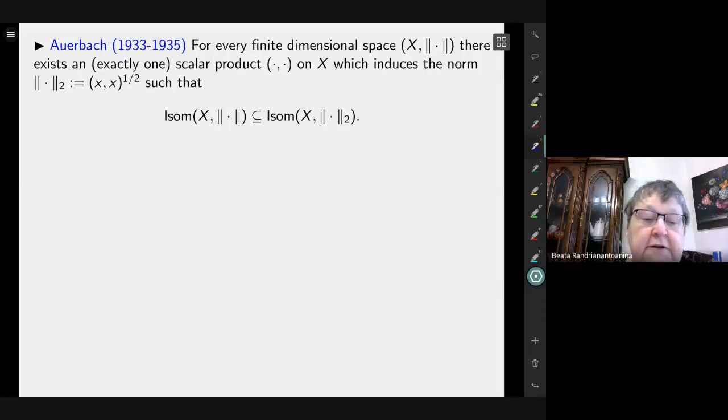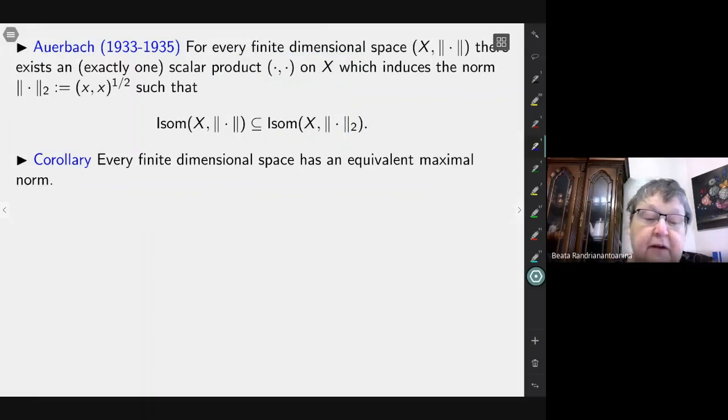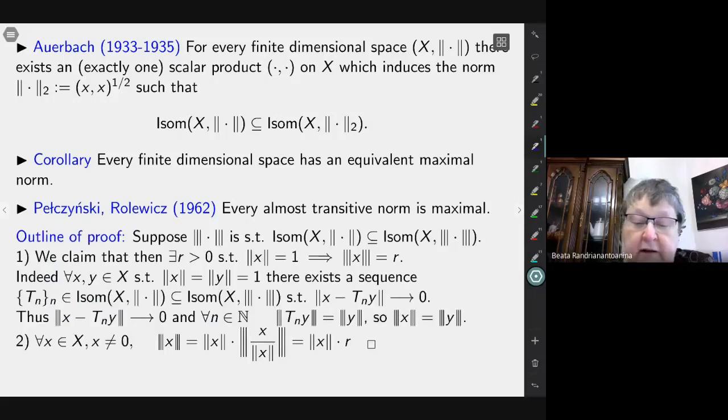Auerbach, in a series of 3 papers in the early 30s, proved that if you take the scalar product on X, as long as X is finite dimensional, that produces a maximal subgroup, and that also produces a transitive norm. So every finite dimensional space has an equivalent maximal norm, which is the transitive norm. And Rolewicz proved that every almost transitive norm is maximal.